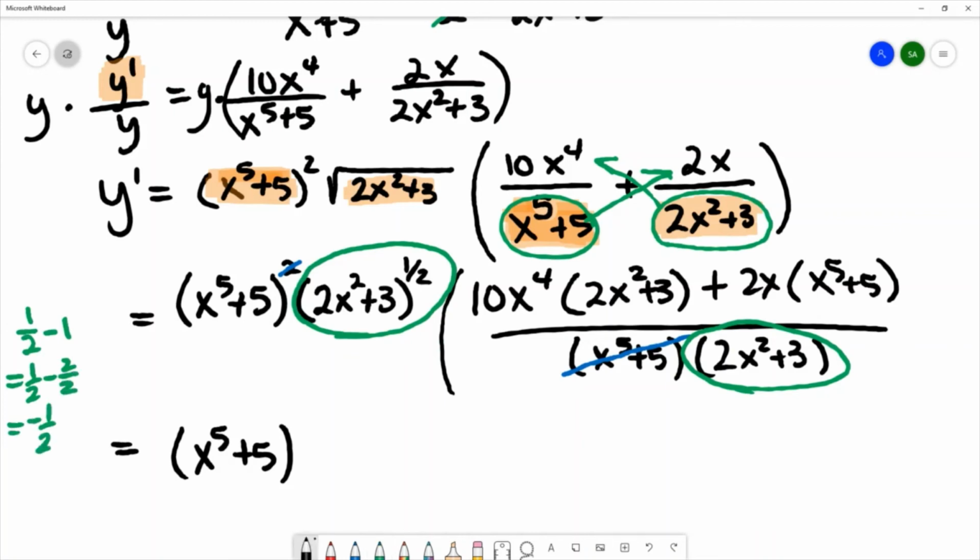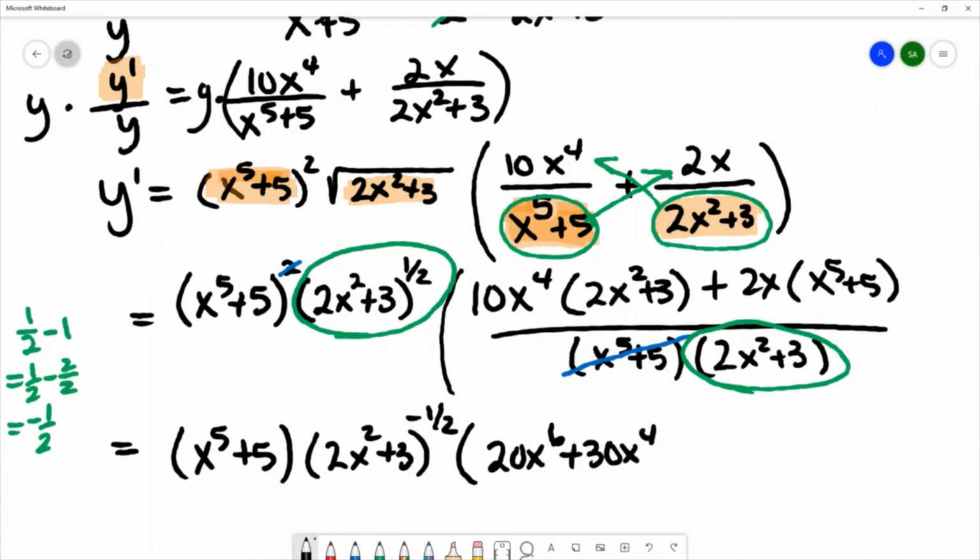I'll have a factor of 2x squared plus 3 to the negative 1/2 power. And then in the numerator, I'll do a little distributing and combining like terms. That would be 20x to the 6th plus 30x to the 4th plus 2x to the 6th plus 10x.